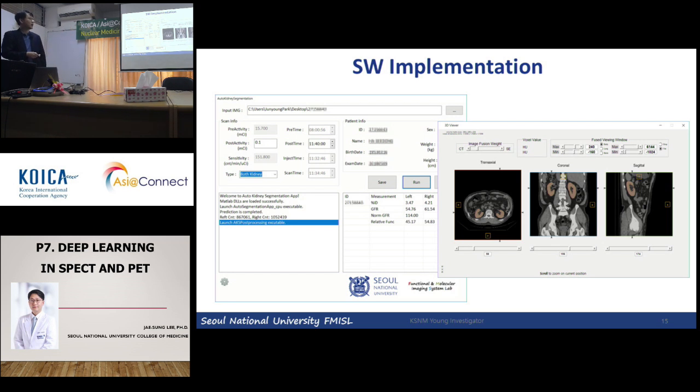Actually, in Bundang Hospital we are now using this software for our GFR estimation based on SPECT, and some vendors have interest in our algorithms. So we have started to work with them to implement it into real SPECT scanners.